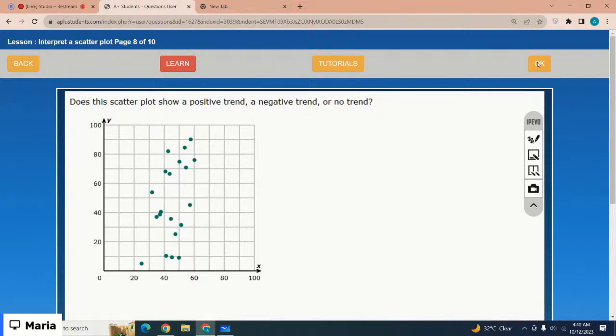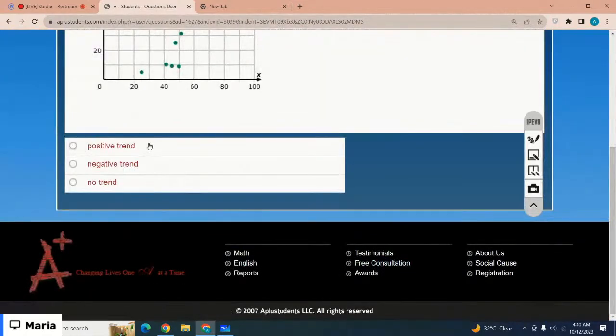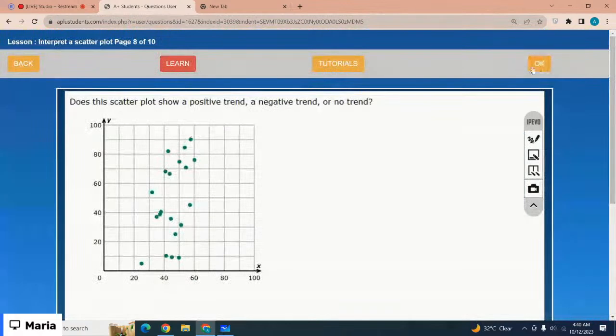Does the scatter plot show a positive trend, a negative trend, or no trend? Positive trend it is, right? Correct option is positive trend.